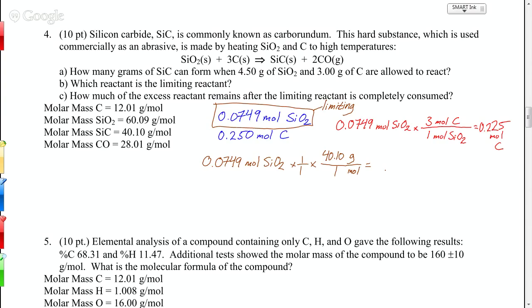Good? Yeah. 3.00 grams of silicon carbide. So that's how much you'd get.